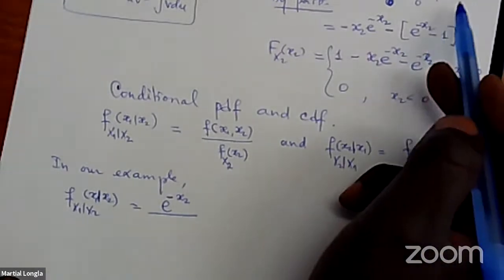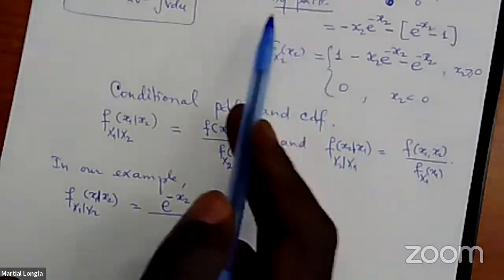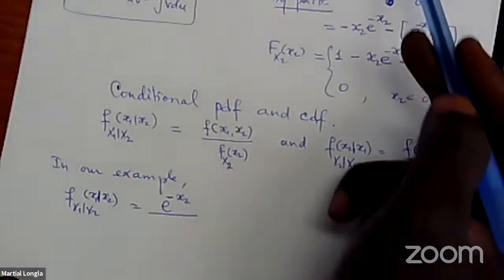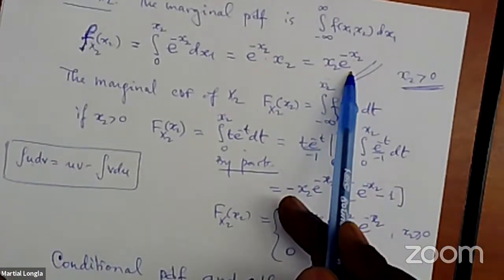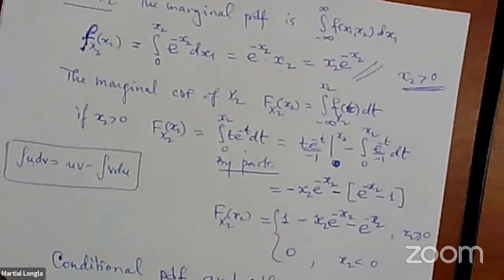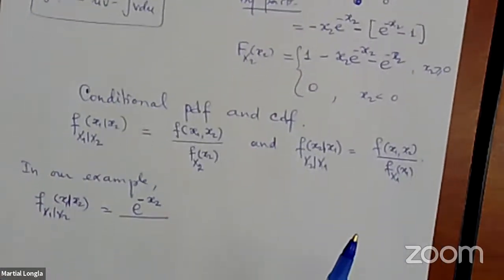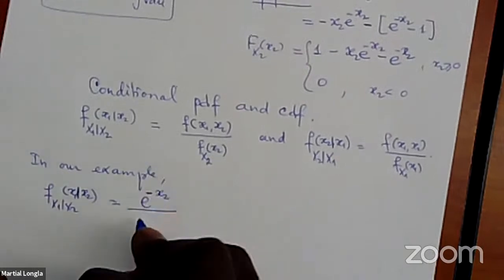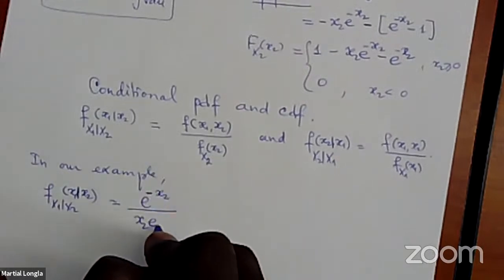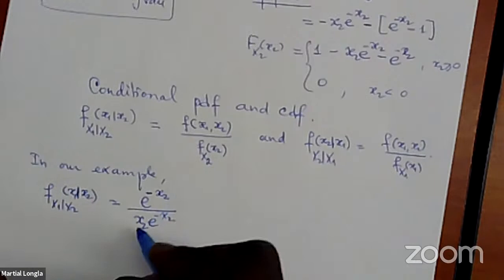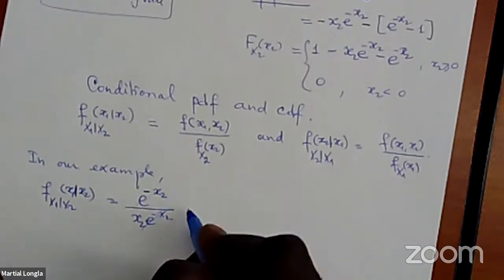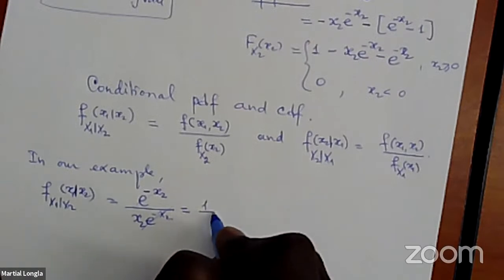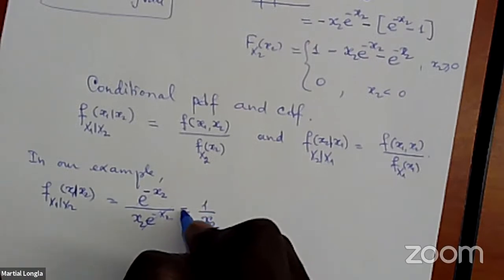The PDF of x2 is x2 e to the negative x2. So that's what we are taking down here. And these things cancel. That's 1 over x2.